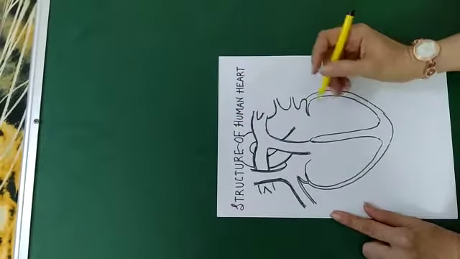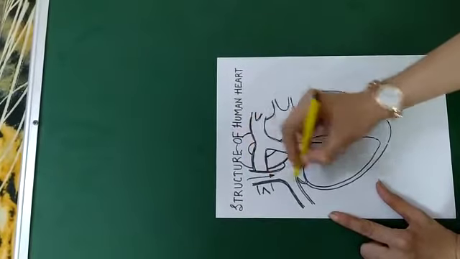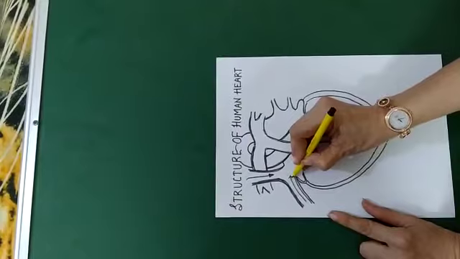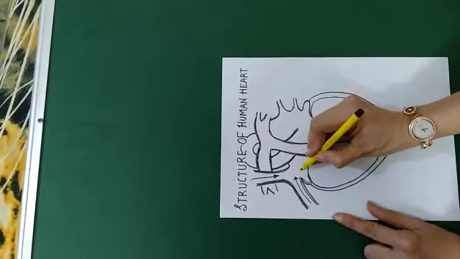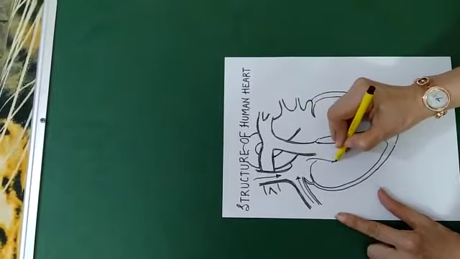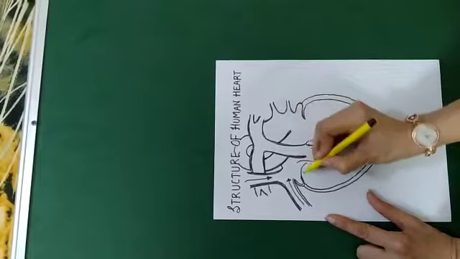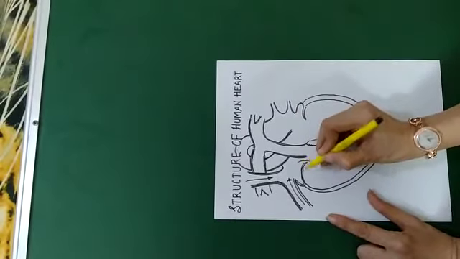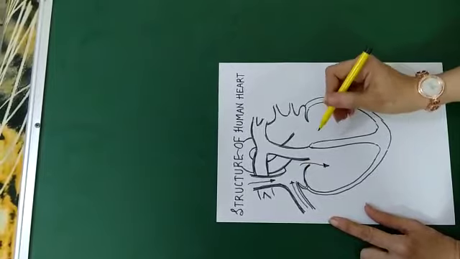And I can make the arrows like blood is entering, deoxygenated blood is entering from these two veins into the right atrium, then into the right ventricle. And what are these two elongated structures? These are valves here.